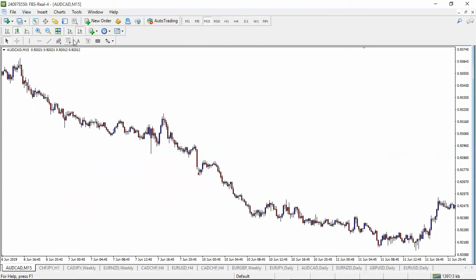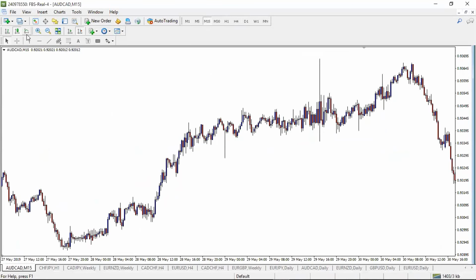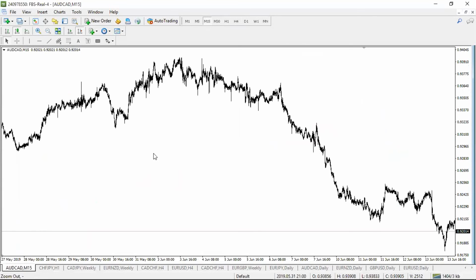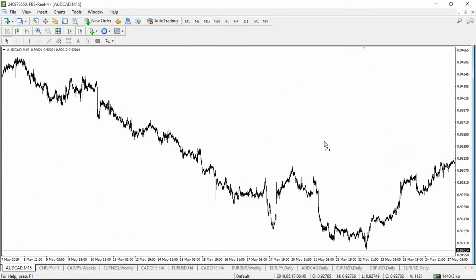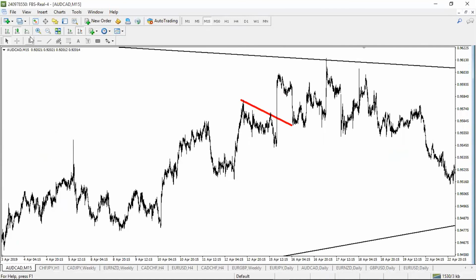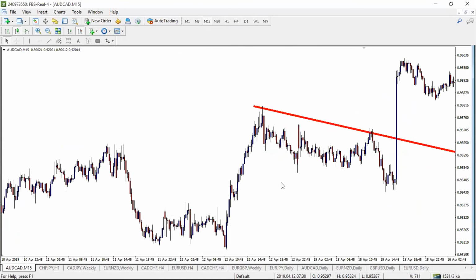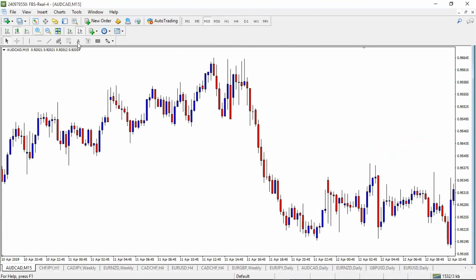Where I drew the red line. It's far back. It was in April. There it is. As you can see on this time frame, it's not a small correction. It's actually a strong one.